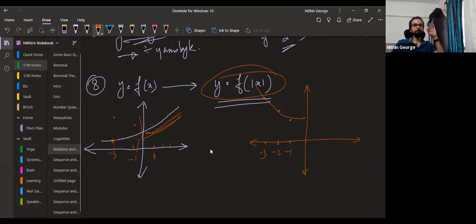It will never have a negative input, so I can just delete all this from my mind. Whatever negative inputs are given, it will never happen in the second case. So I'll just delete that and simply copy this part across for the negative part and the positive part. Mod x is equal to x itself. Don't forget, mod x is x itself.